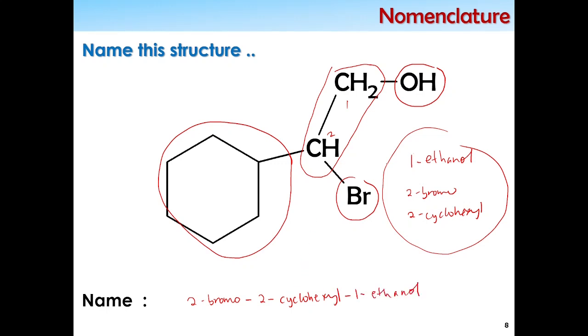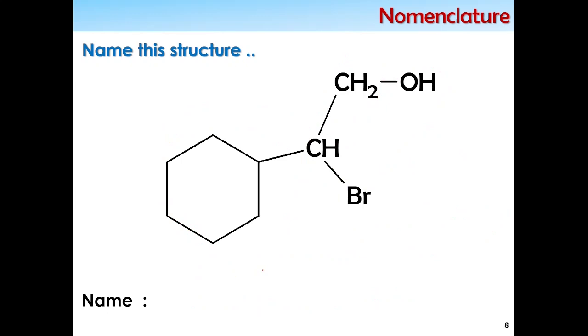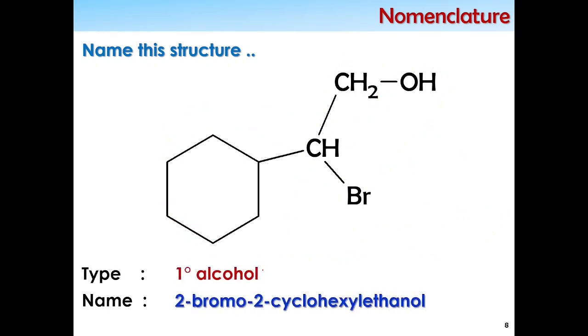Okay, and for the class of the compound, this one is only attached to 1 R. Everything here is considered as 1 R only. So this is primary. So the type is primary alcohol. Okay, so let's check the real answer. Primary alcohol, 2-bromo-2-cyclohexyl ethanol.